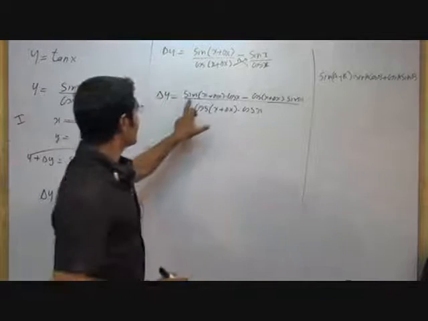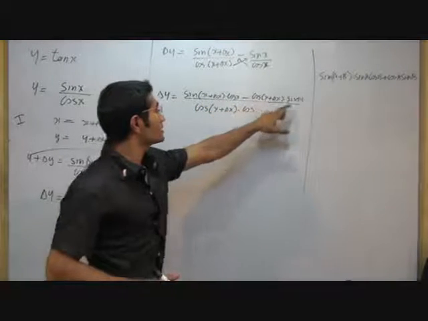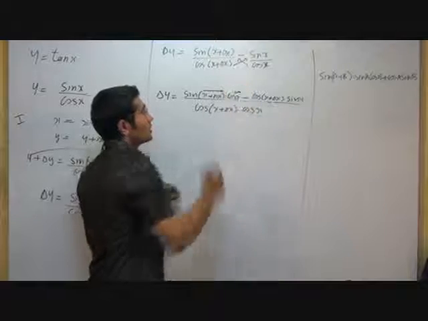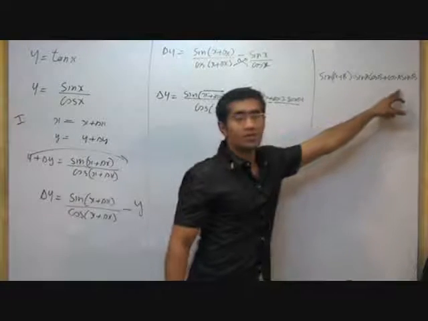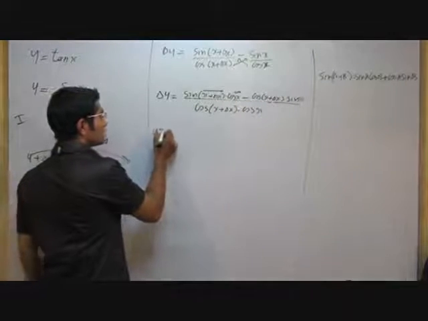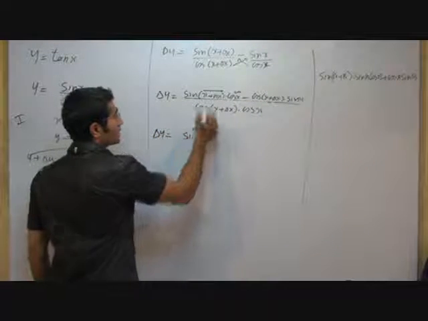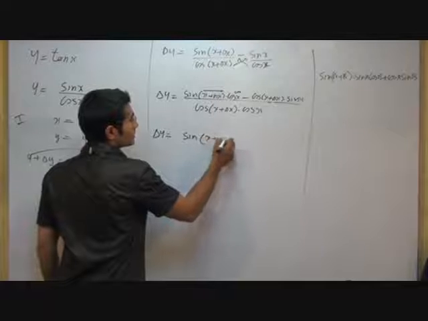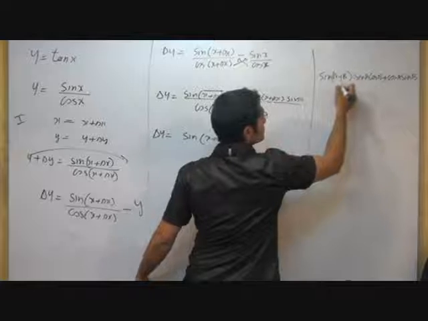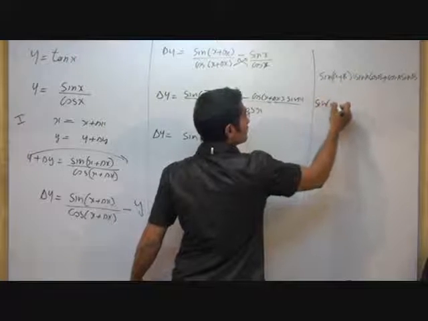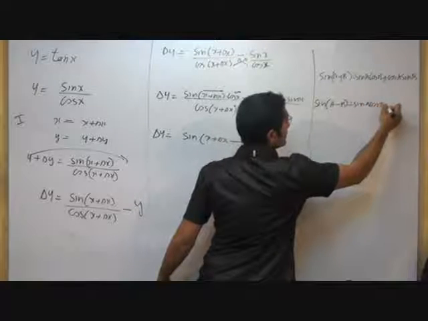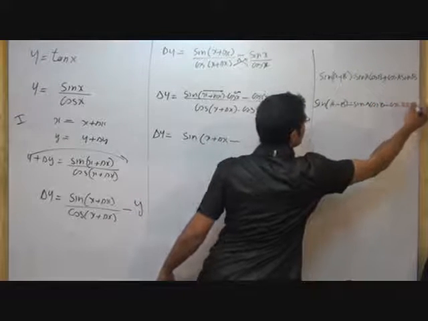This expression looks like sine a cos b minus cos a sine b, where this whole thing x plus delta x can be taken as a and x as b.